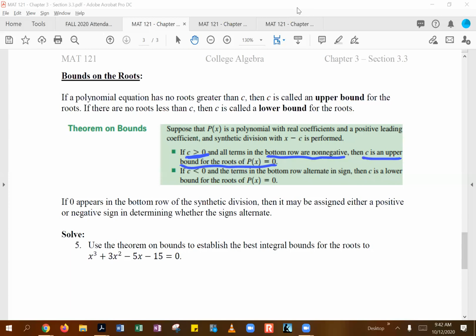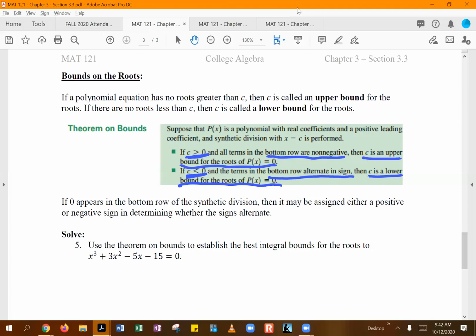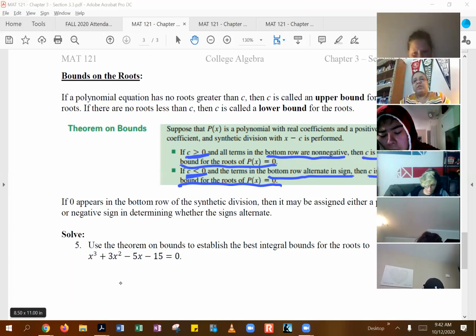Same way, we are trying to find another number C, which will become the lower bound for our polynomial. And in this case, it's going to be a negative number. And the way we know the number is going to work is when your bottom row alternates in sign, which means it should go from positive to negative, or it can go from negative to positive, negative to positive.